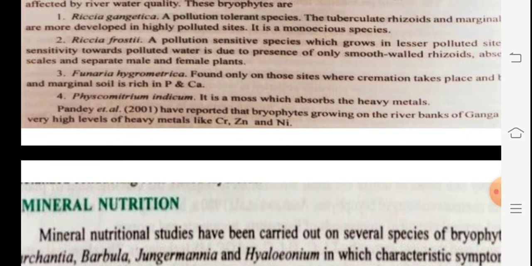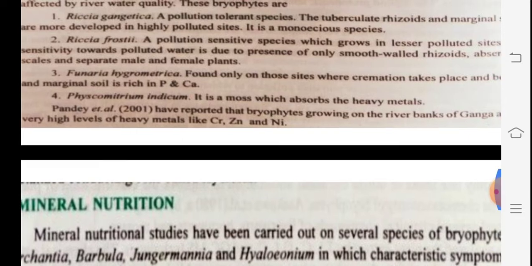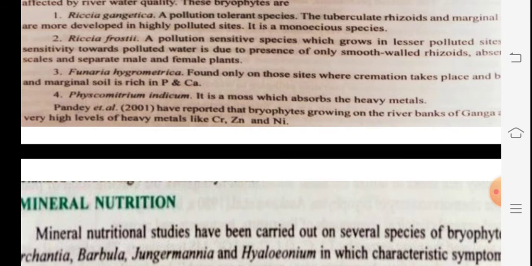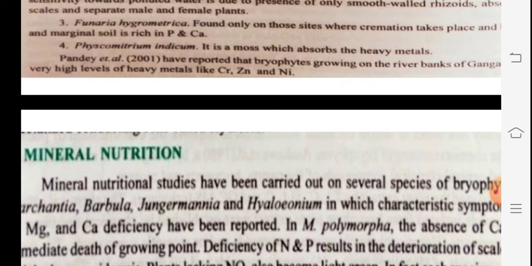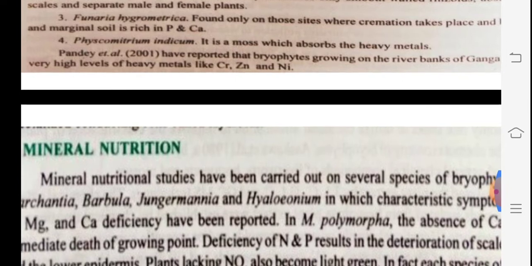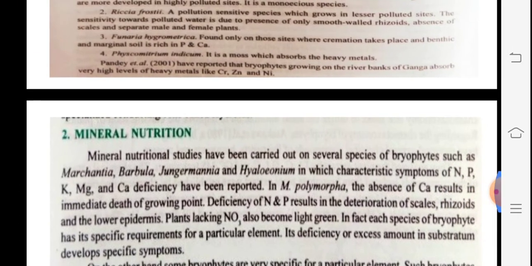In Riccia frostii, due to pollution, generally only smooth-walled rhizoids are shown. Then male and female plants are separate. Funaria hygrometrica is generally found rich in phosphate and calcium. So you remember this part.